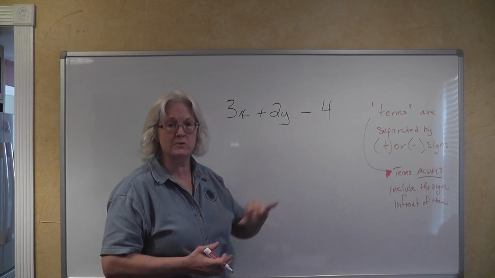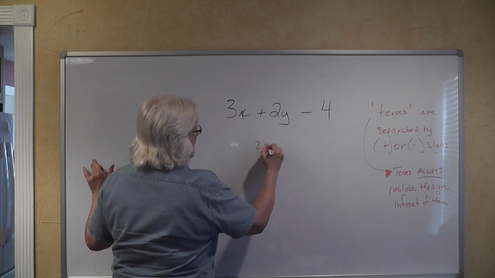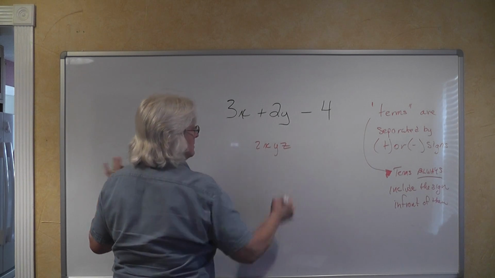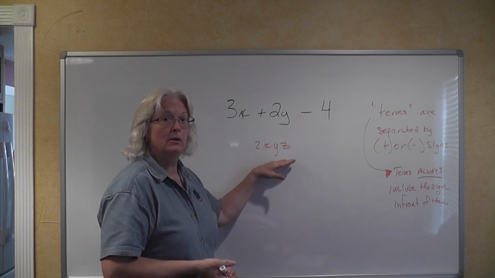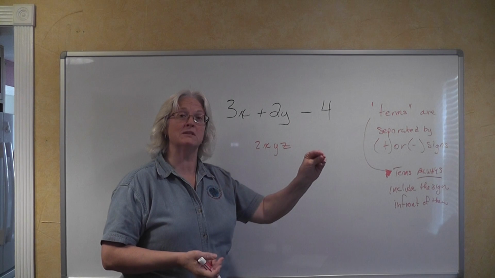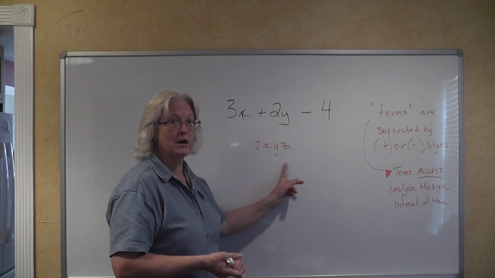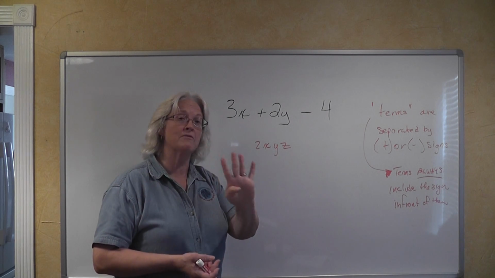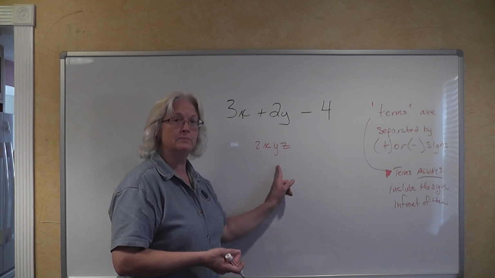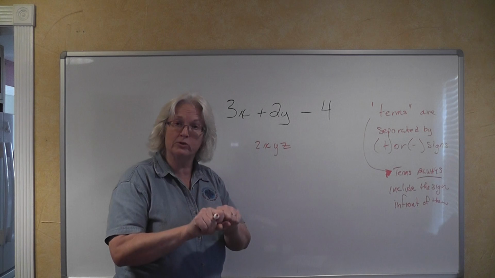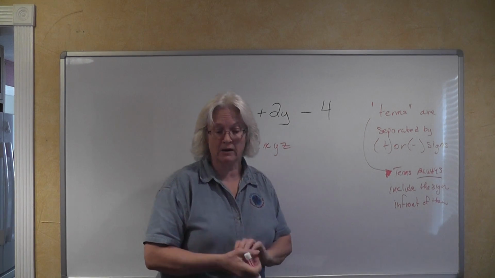So we talked about terms, and it's very different from saying 2xyz. How many terms are there in this expression? Well, we learned that terms have to be separated by a plus or a minus sign. No plus or minus here. These are simply 4 factors. 2 times x times y times z. Factors you multiply together. Terms are things that you add or subtract.